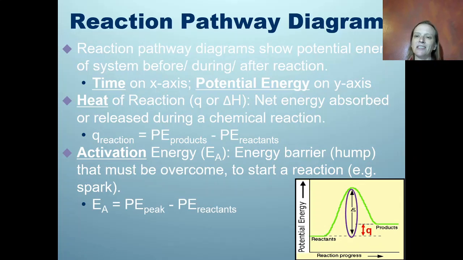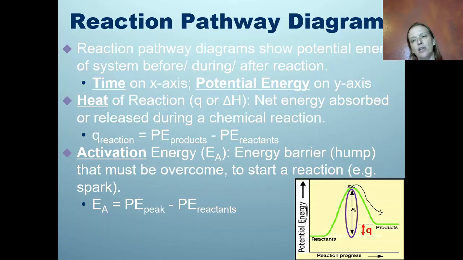So this activation energy on the graph, if it's the energy we need to get the reaction started, we think about the difference between going from reactants to the top of the hill. Once we get to the top of the hill, it's easy to roll down and get to products, but we have to get to this highest energy level first before the chemical reaction can proceed.